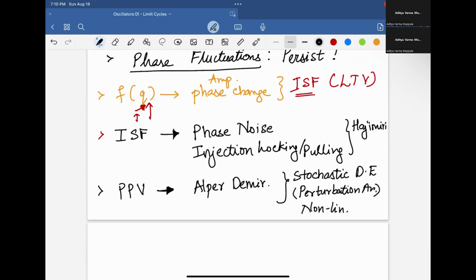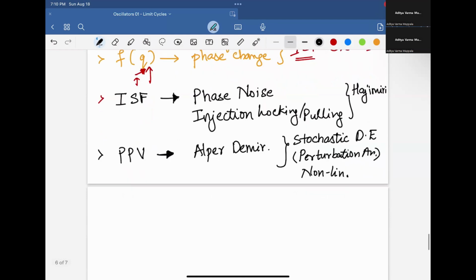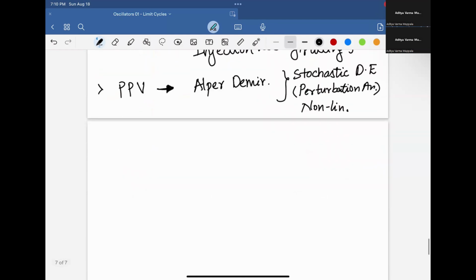We'll build that up, and we'll show that some of the assumptions the ISF model makes can be corrected for using the PPV model. That's pretty much the relevant part, at least.